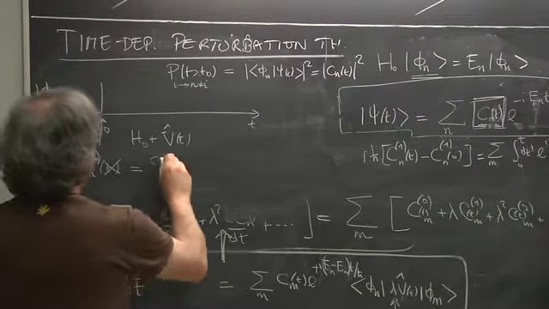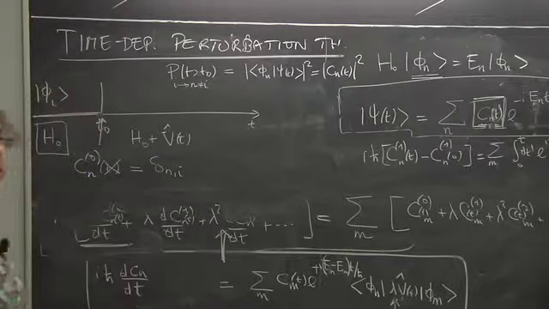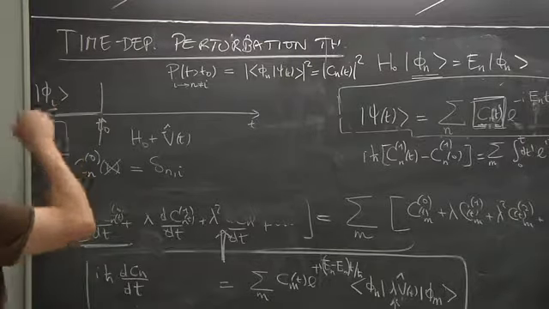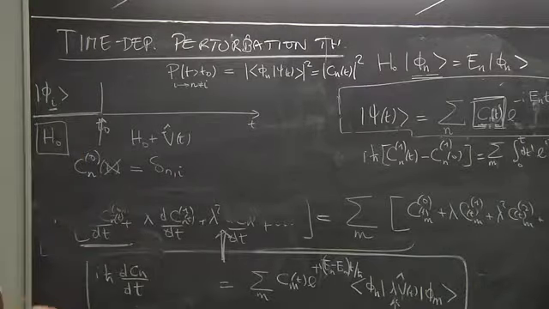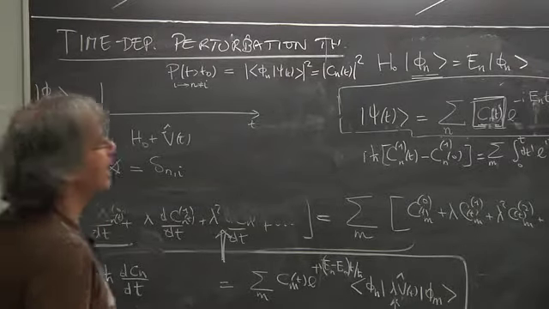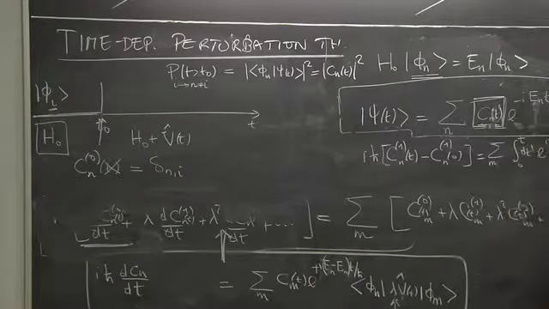Simple, just delta n I. So 1 for the initial given state as I select, state number 3 or whatever, and 0 for anything else. So the initial choice is very, very simple. Then let's put it back into this equation.